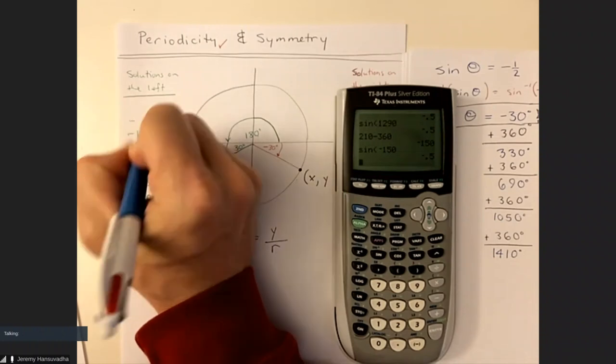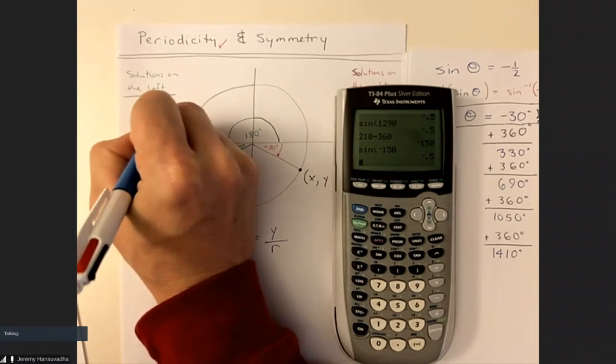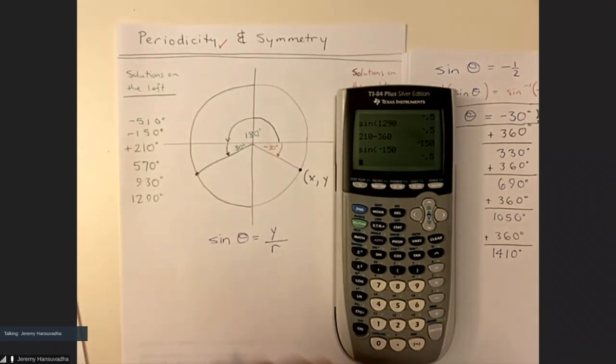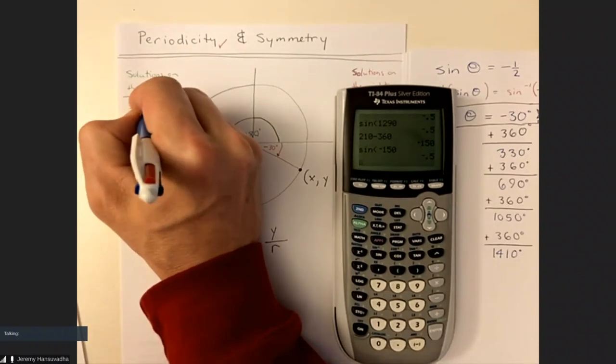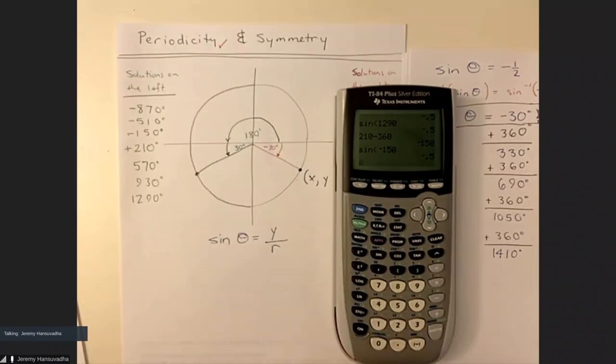If we subtract 360 from that, find again the sine of negative 510, the sine of negative 870. All of these have that same ratio of negative 1/2.